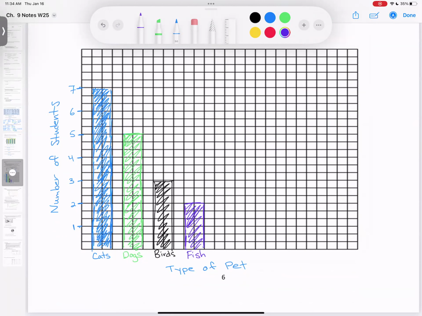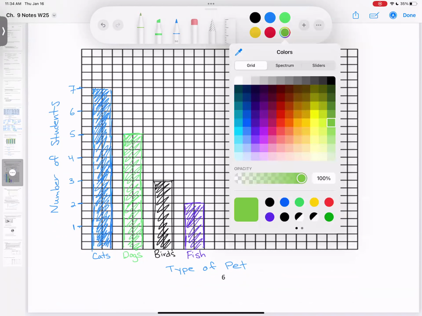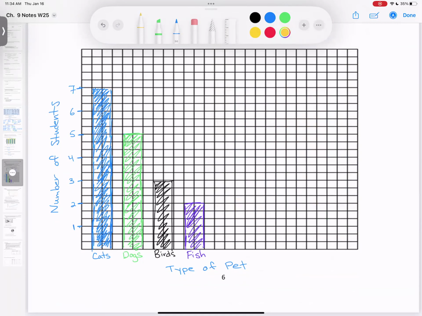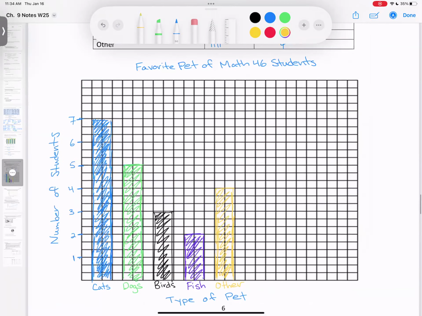And we had 4 other. And so that leaves us with our completed bar graph.